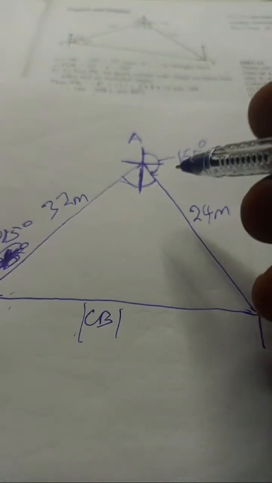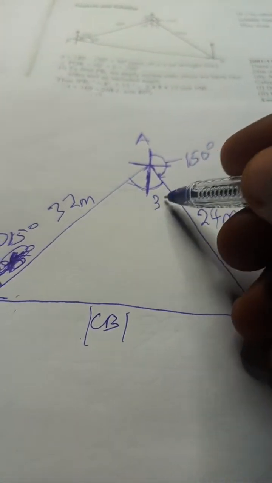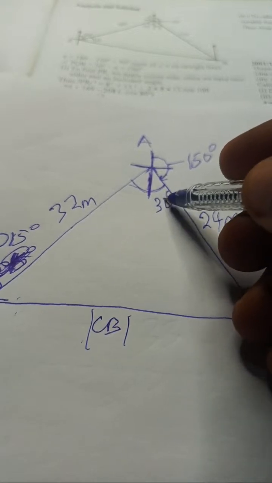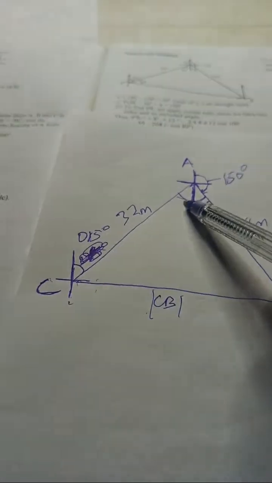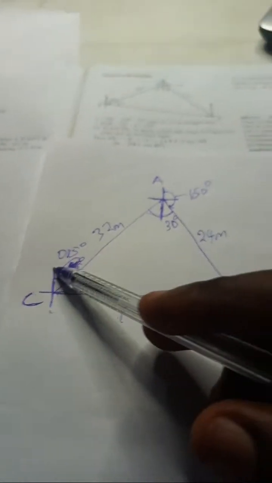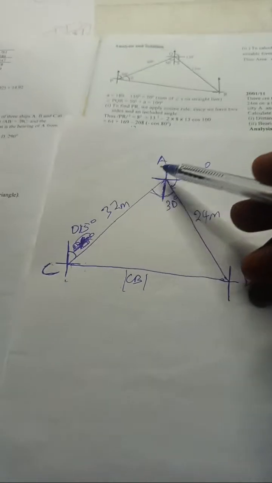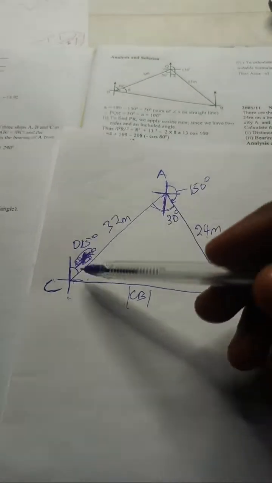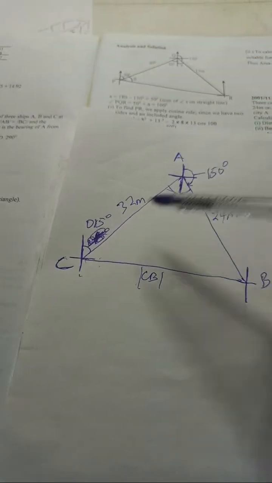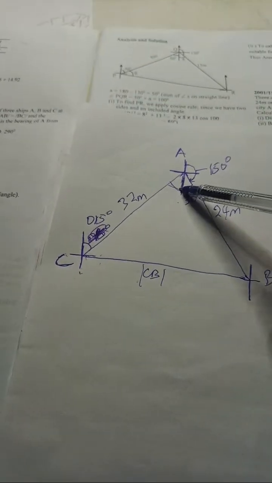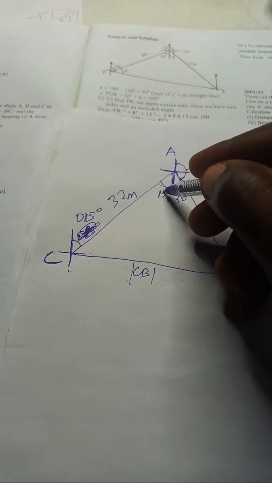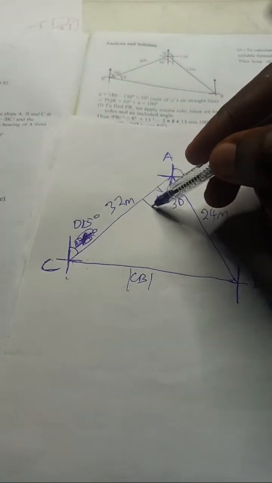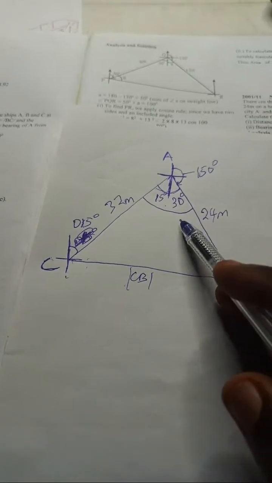So we have 30. So this place will be 30 degrees. All right. Remember, this and these are alternate angles, because this line and this line are parallel. So it means this angle and this angle are alternate. So this is 15, and this also should be 15 now. Now, add them together. 30 plus 15 gives us 45.